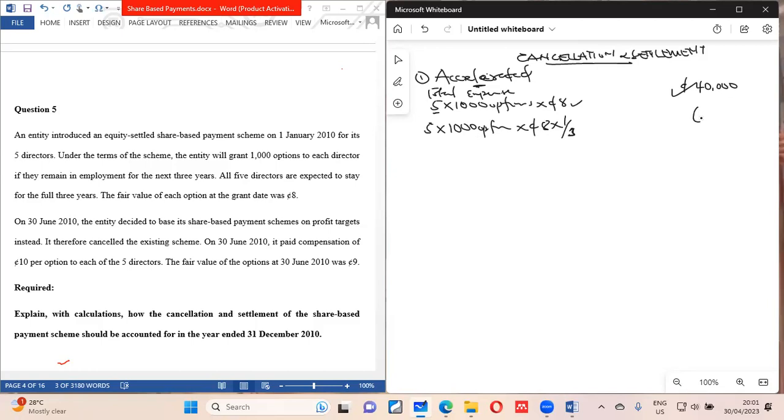$13,333.33. Yes, so that is what we have. Let's round it here, 13,333.3. Let's round it to 0.333. So the expense that we are going to recognize will be the difference. So this one will be what? Here will be 7,667.